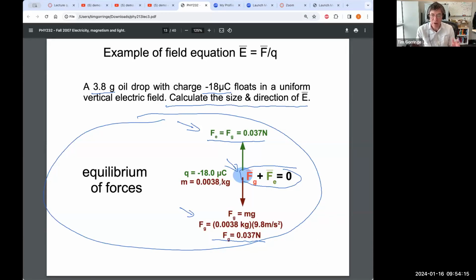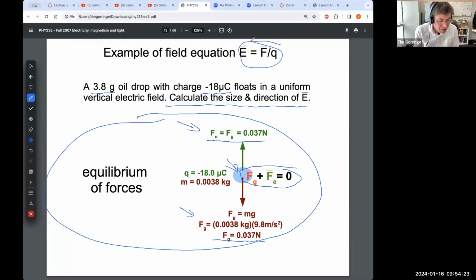At this point, we know both the gravitational and the electrical forces. And if you think about it from the field equation perspective, we're at a point now where we know the charge of the oil drop. It's kind of our test charge. We know the electrical force on the oil drop, which is balancing the gravitational force on it.